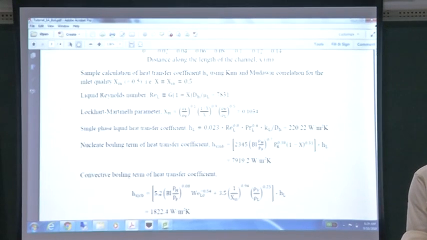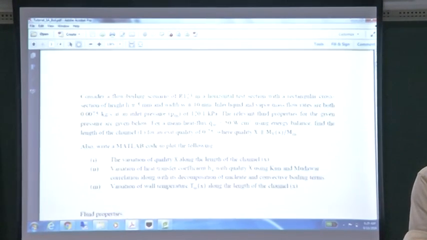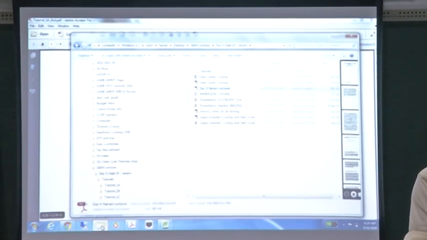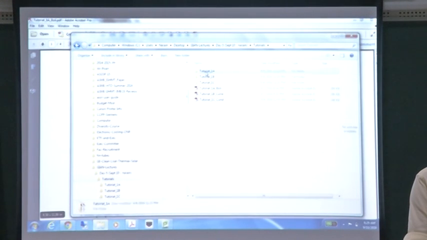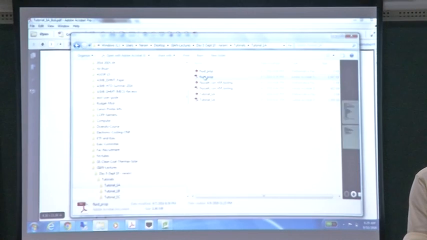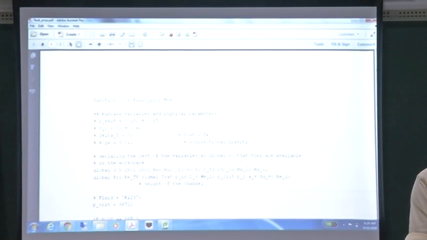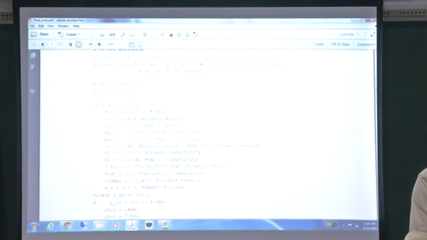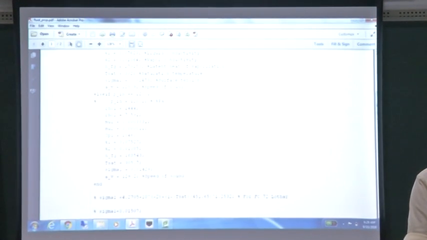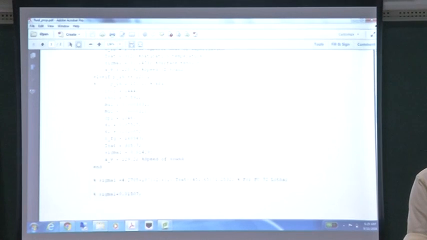So what I would suggest, if we have 1 or 2 minutes before, is that you go to the tutorials and go to tutorial 1A. The fluid properties that we entered are given in the MATLAB subroutine, which you can see when you open it with MATLAB. All the fluid properties are for R123.